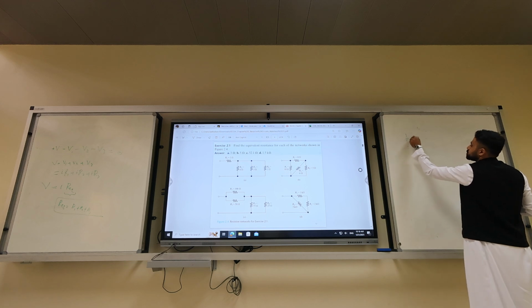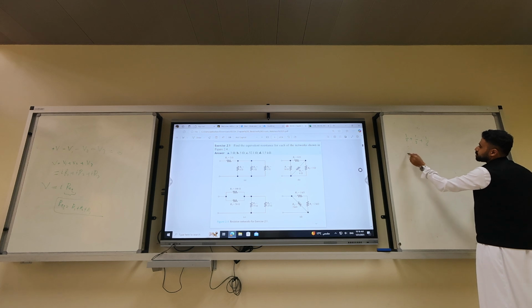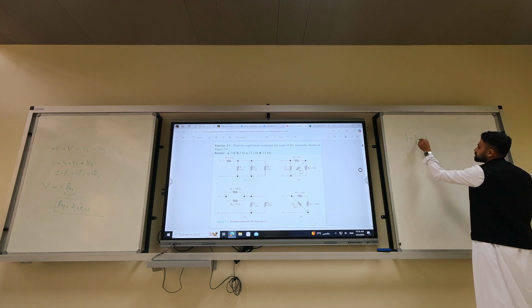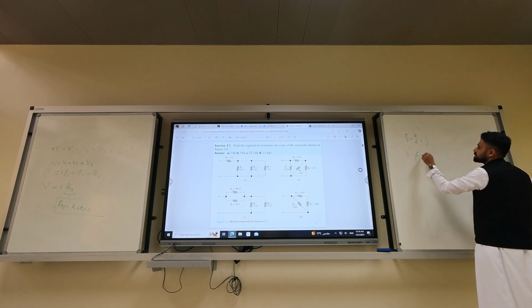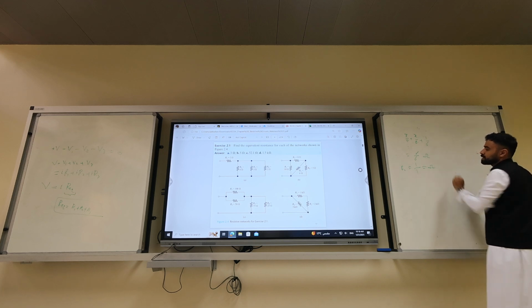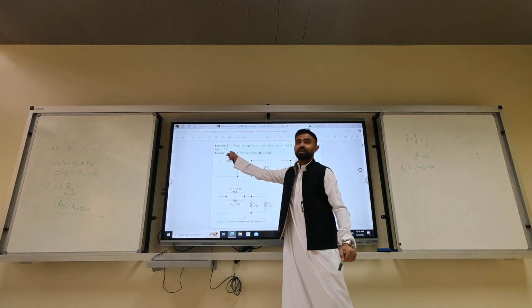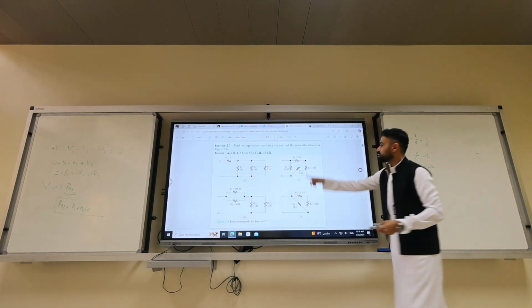It's clearly 1 over 2 plus 1 over 3 plus 1 over 6. If you unify the denominators, 2, 3, 6, it's going to be 6 over 6 ohm. So R equivalent equals 1 over 1, which is 1 ohm. 1 plus 2? 3. You find the answer? Yes. Get it?